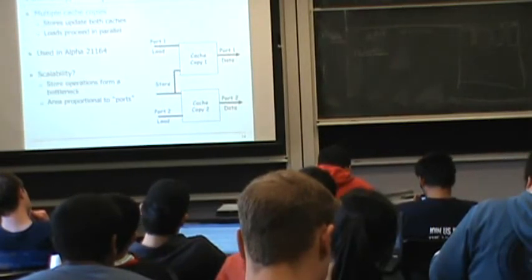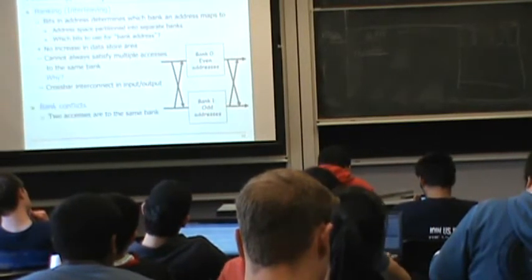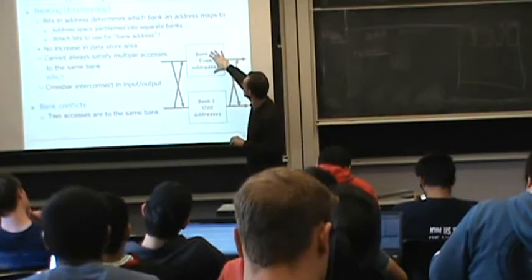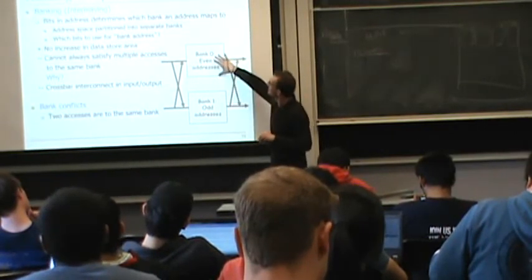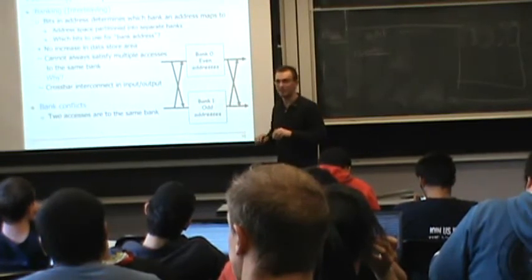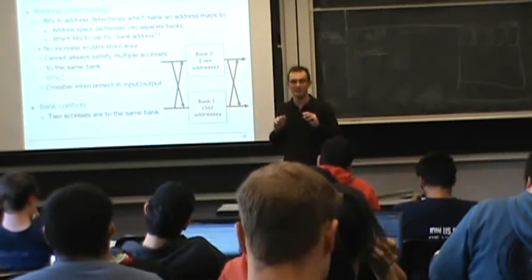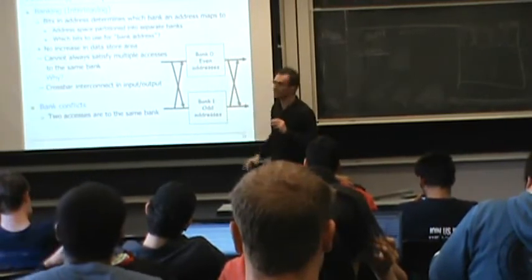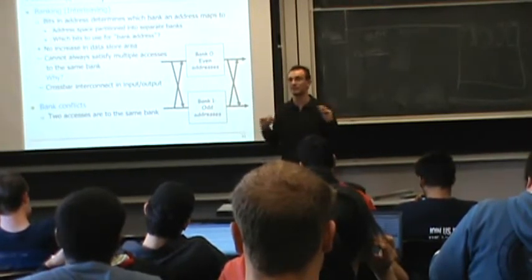So we talked about banking, which is a good trade-off in terms of both latency and space. The idea is basically partition. Divide your memory into multiple banks and partition where your addresses get mapped to. In this case, for example, bank 0 contains even addresses, bank 1 contains odd addresses. We talked about many different interleaving mechanisms.